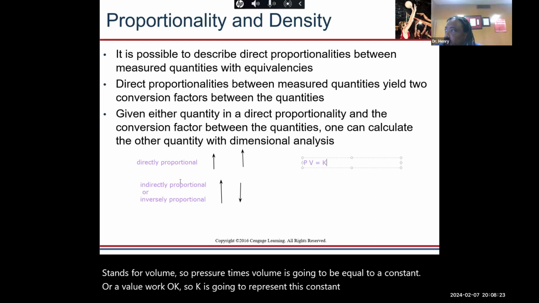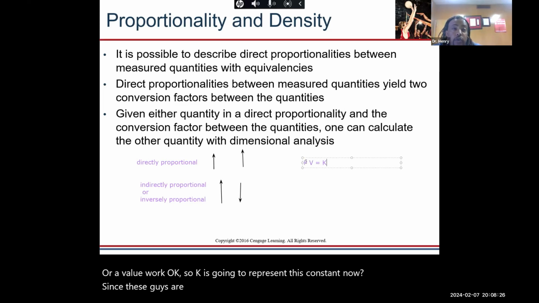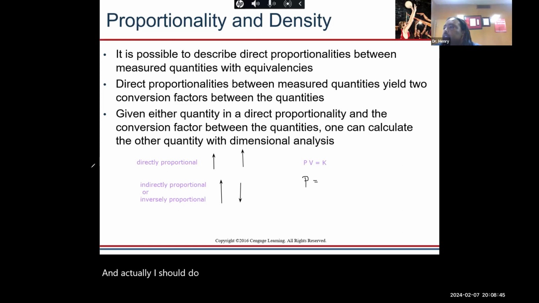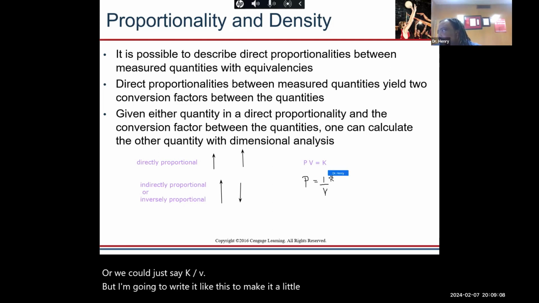Since these are being multiplied by each other, we can also write the equation as P equals 1 over V times K, or we could just say K divided by V. But I'm going to write it like this to make it a little easier to understand.